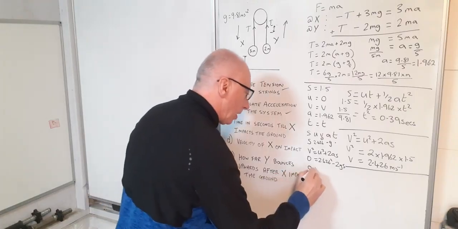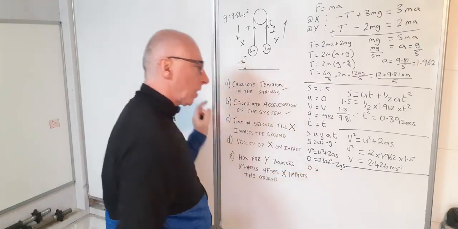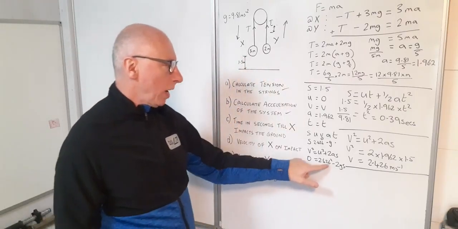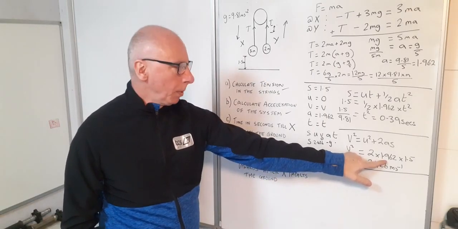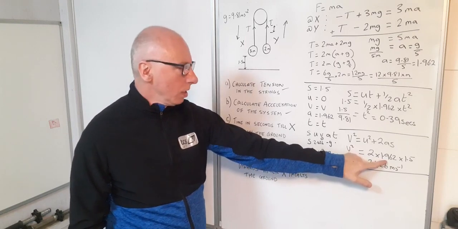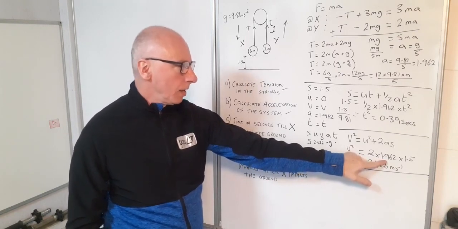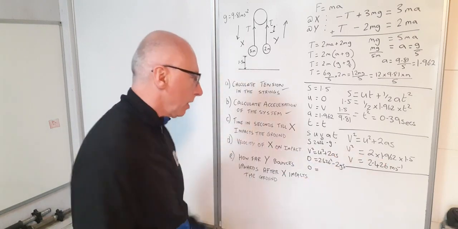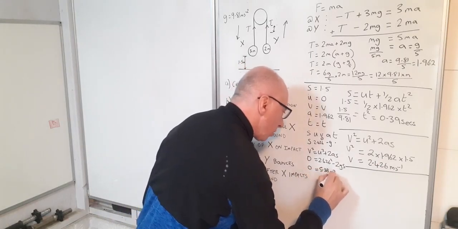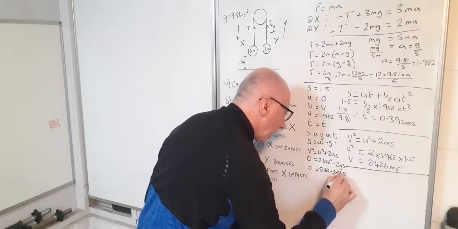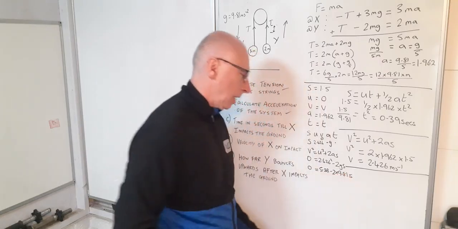So now 0 equals 2.426 squared. Well, I've got this, which is going to be 3 times 1.962. So that's going to be 5.88, isn't it? So 5.88 minus 2 times 9.81 S.